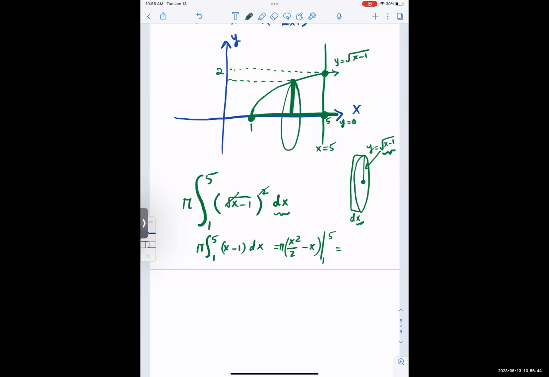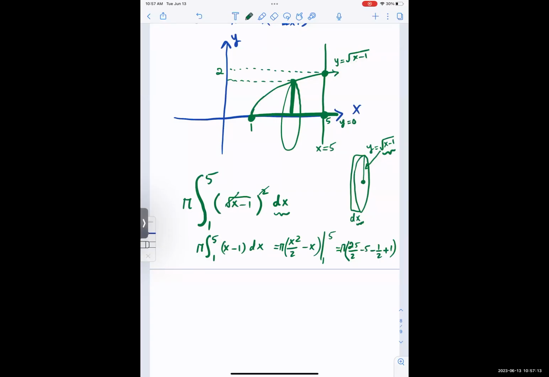So you're just evaluating. What would be the evaluation here? So that's 25 over 2 minus 5, minus 1/2 plus 1, all times pi. 12, 7, 8.